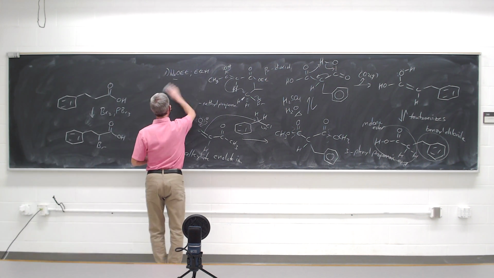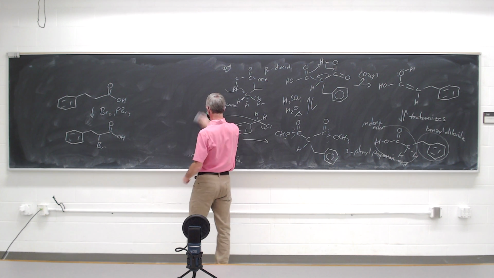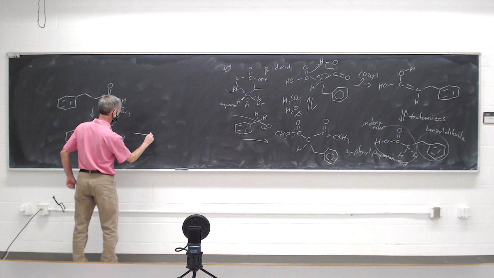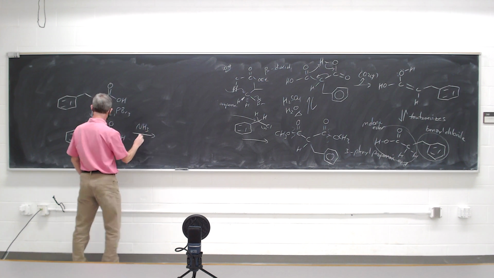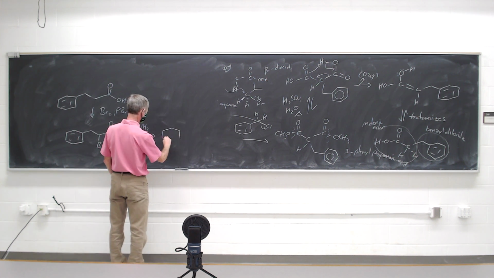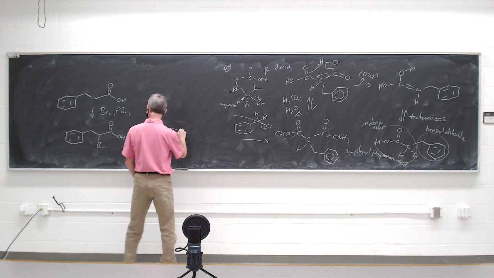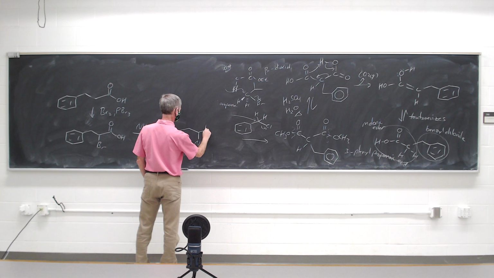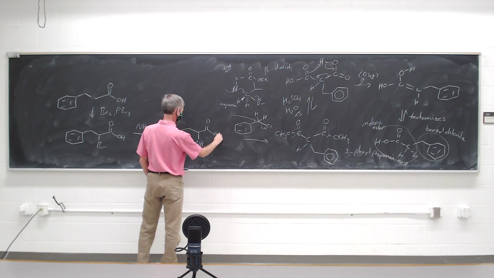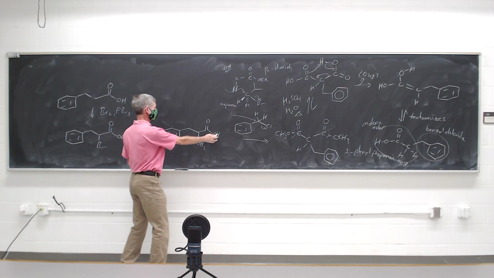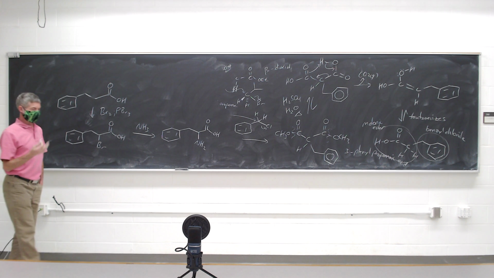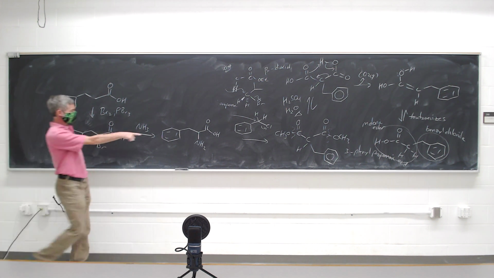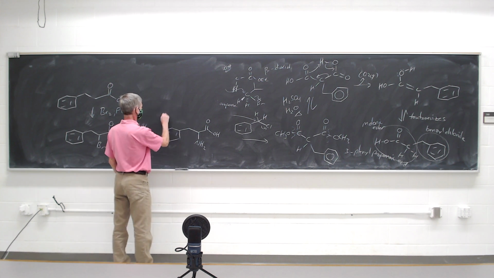And we know that if we then treat that with ammonia as a nucleophile, displace that bromine, and I've shown it with an NH2 group and an OH there, but it will actually initially be an NH3 plus and O minus. Right? And this is now an alpha amino acid. This one's phenylalanine.